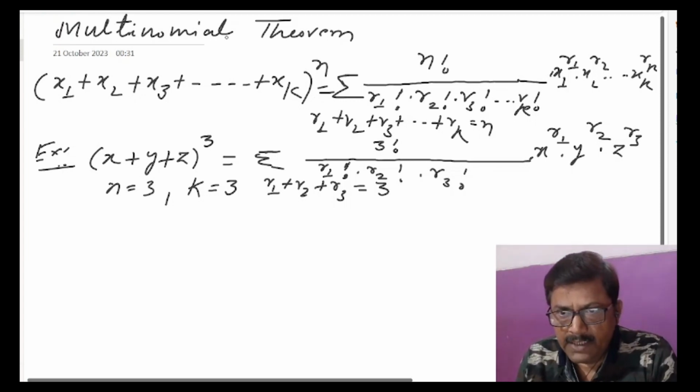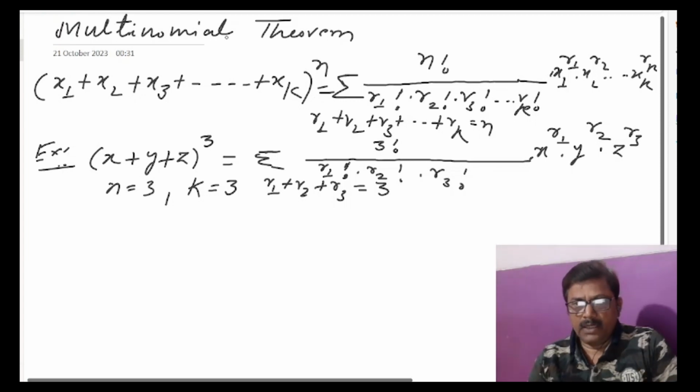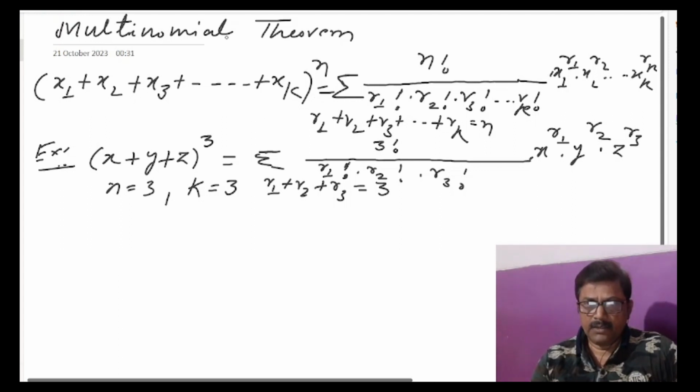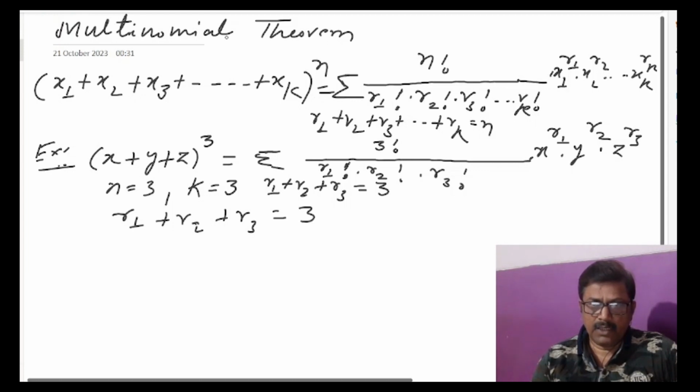Now we have to find the value of R1, R2 and R3. Okay, we have to find. So we know that R1 plus R2 plus R3 should be equal to 3. We have to choose R1, R2, R3 in such a manner so that R1 plus R2 plus R3 should be equal to 3.